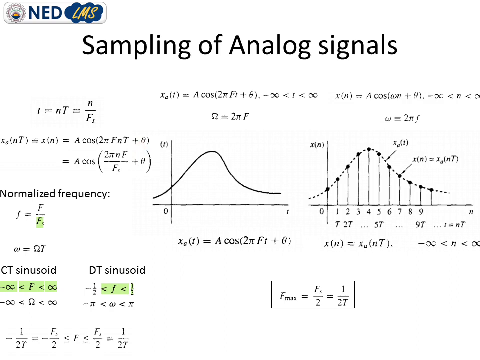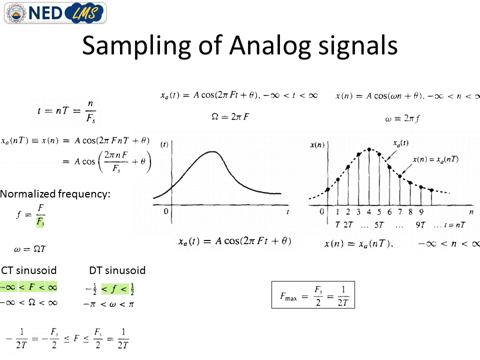Or we can say that T can be equated to 1 over fs because T is the sampling interval and fs is the sampling frequency.